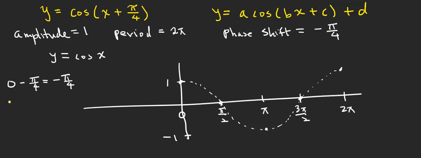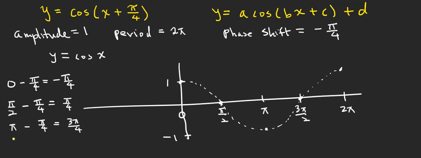Now, the next value is pi over 2 minus pi over 4. Pi over 2 is the same thing as 2 pi over 4, and when you subtract, you get pi over 4. And then you have pi, so pi minus pi over 4. This is 4 pi over 4 minus pi over 4, which is 3 pi over 4.